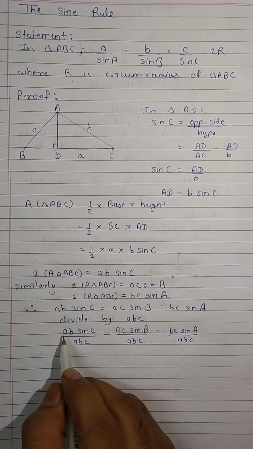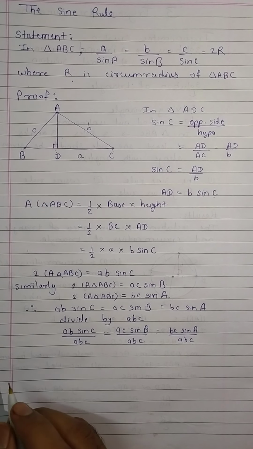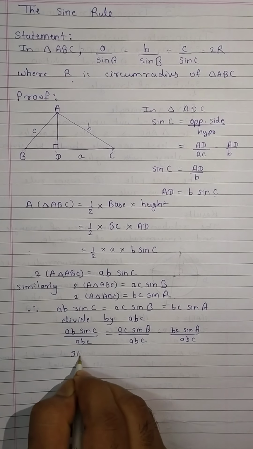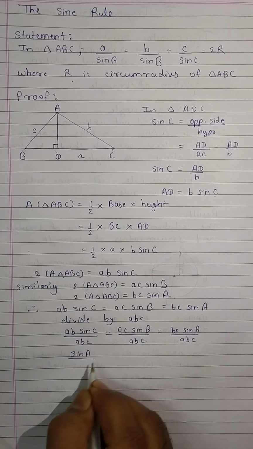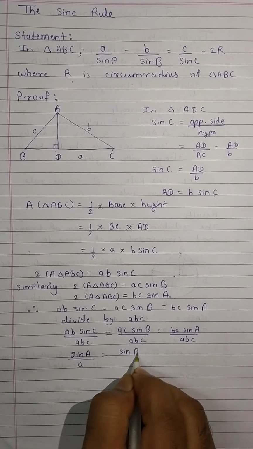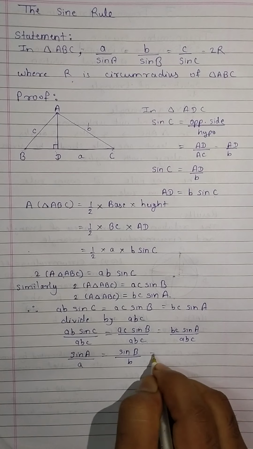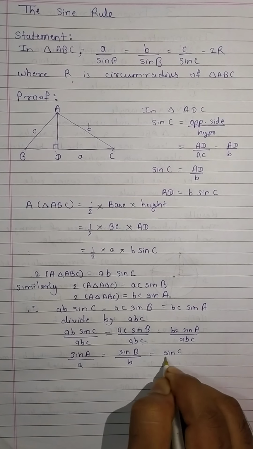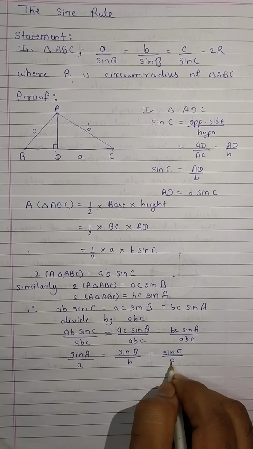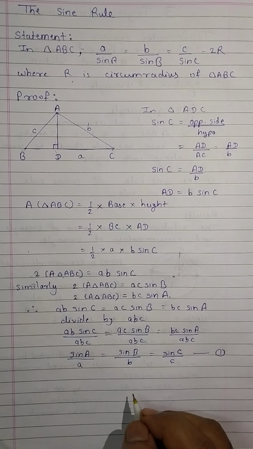Now cancelling the similar terms in the numerator and denominator, we get sin A upon a, sin B upon b, and sin C upon c. Okay, sin C capital, this c is small. This is our first equation that we got.